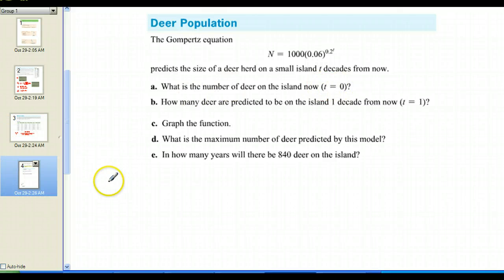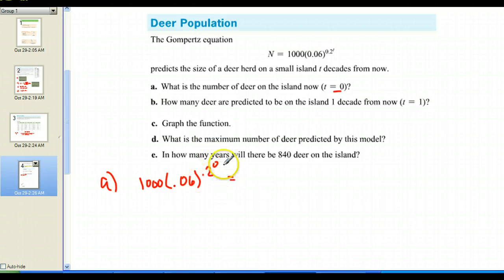Alright, so for part A, we're just plugging in 0 for t. So we've got 1,000 multiplied by 0.06 raised to the 0.2, and that 0.2 raised to the 0 power. So that's where the 0 is coming from.